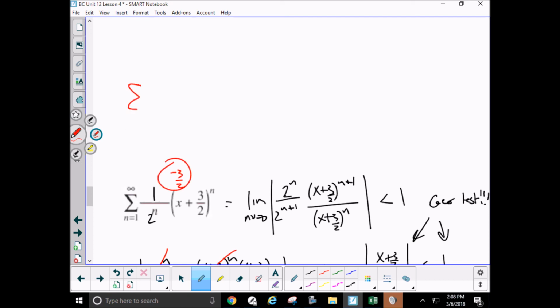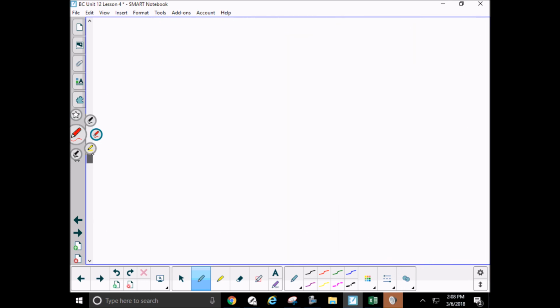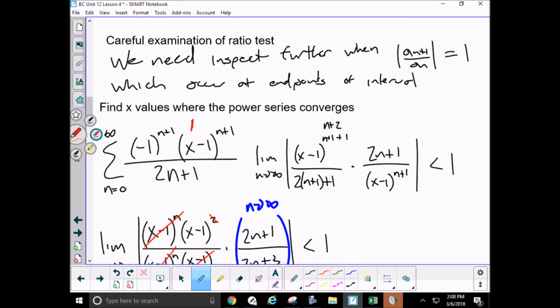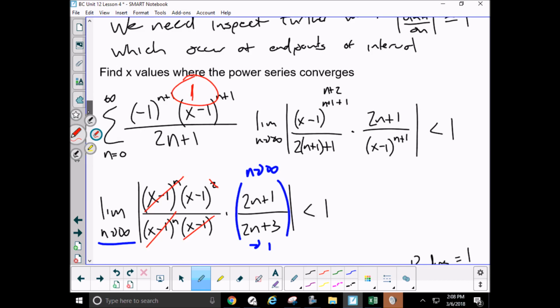The sum of 0 that starts at 1 and goes to infinity is 0. It's convergent. So the center will always be the x value that will give us a 0.